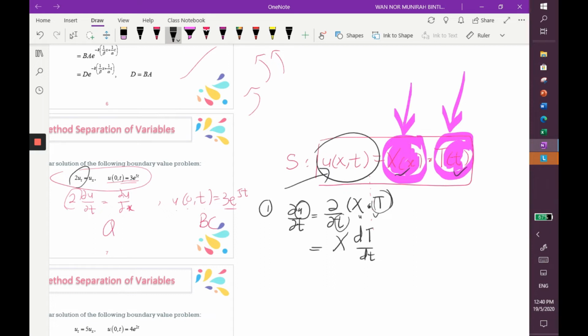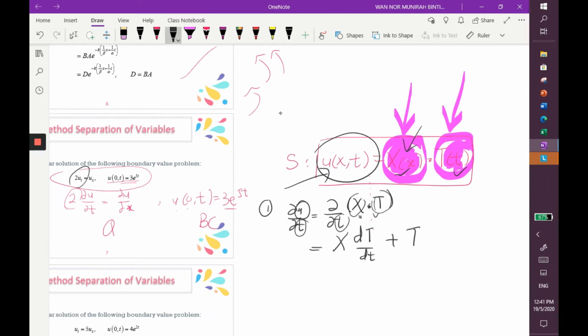Plus remain T, differentiate X. If you still remember from the first part of the video, when you have more than one independent variable, you need to differentiate with respect to a specific variable. Now we differentiate with respect to small t, so the other variables are treated as constants, which means your X here is treated as a constant.